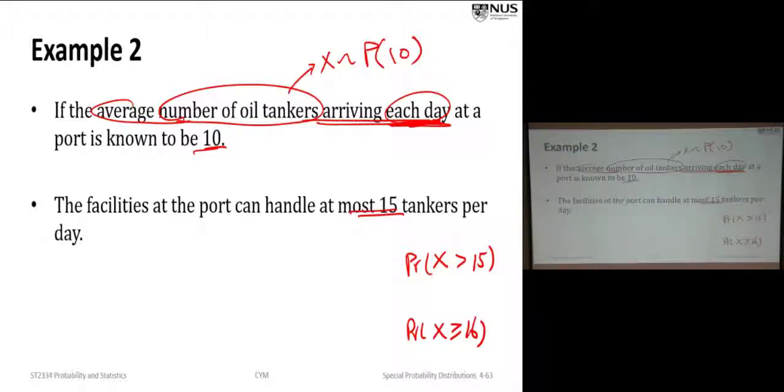So what to do? Collect data, or go back and trace your records. Yesterday, how many tankers arrived? Day before yesterday? Maybe you take the past month, look at all the 30 days, how many tankers arrived, and you take the average. That is an estimate of this average. Or take the past year, 365 days.